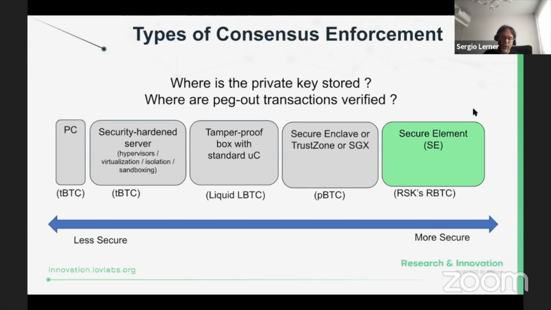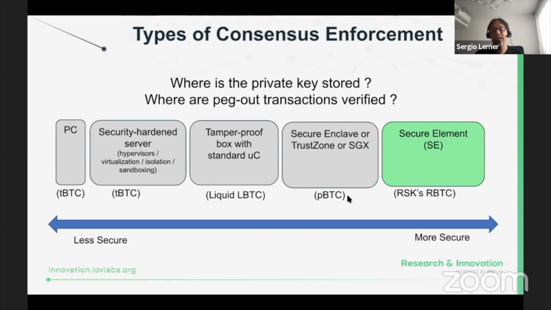And in terms of security, the PowHSM devices are using the most secure technology to protect the private key, which is basically the secure elements. It's more secure than the security enclaves of general purpose processors like SGX or TrustZone, and it's more secure than having a tamper-proof box having some standard microcontroller.